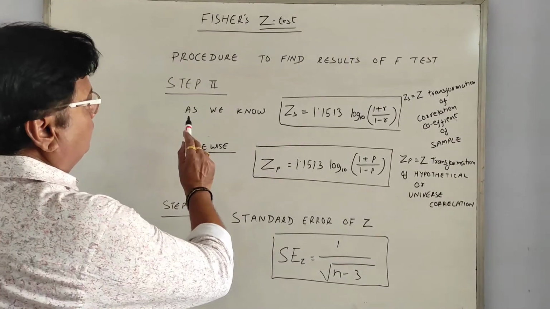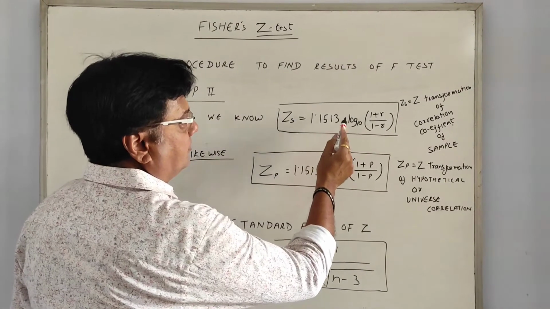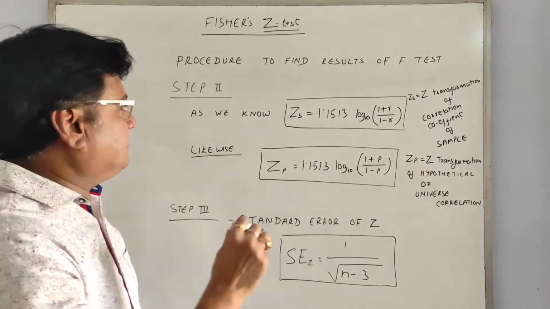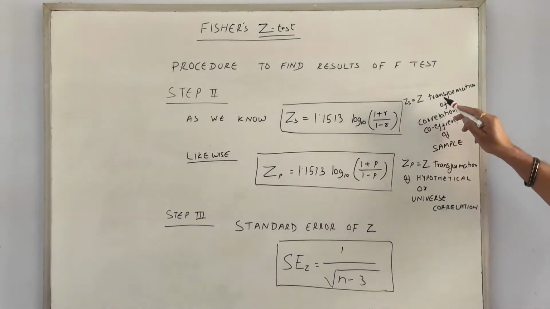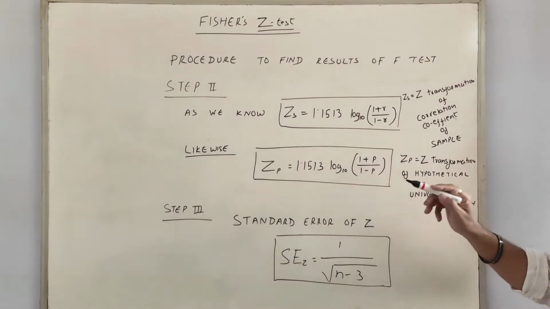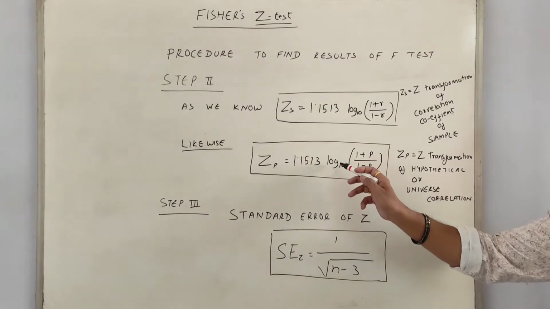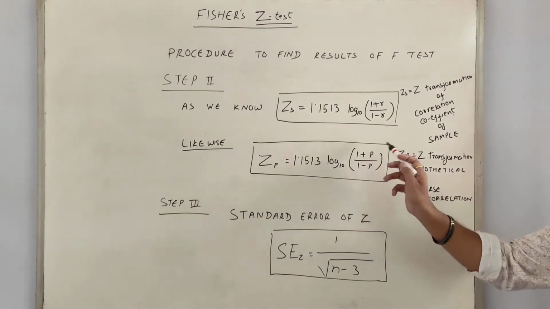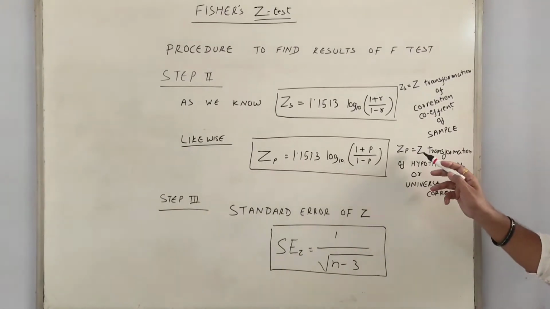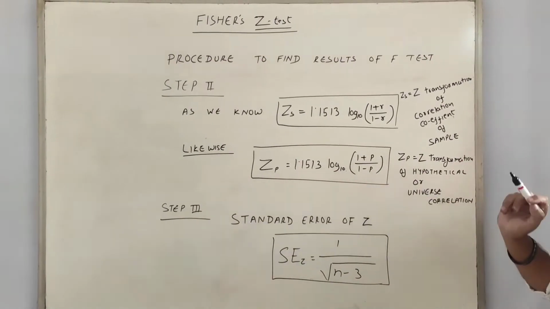Now step 2. As we know, Zs is 1.1513 log of (1 plus R) by (1 minus R) to the base 10, and this Zs is actually the Z transformation of the correlation coefficient of the sample. Likewise, Zp will be 1.1513 into log of (1 plus P) by (1 minus P) to the base 10, and Zp will be the Z transformation of the hypothetical or universe correlation.